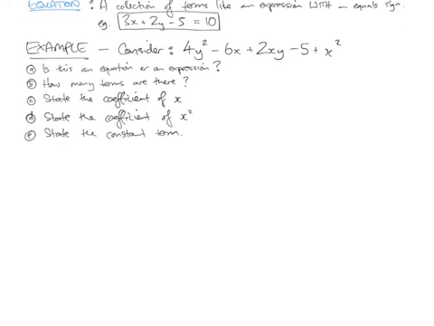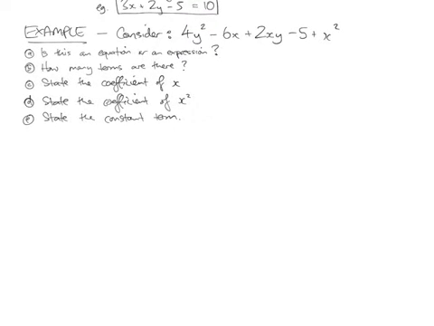So let's practice some of that knowledge here with an example. Considering this here, 4y squared take 6x plus 2xy take 5 plus x squared. A, is this an equation or an expression? Well, no equal sign, so therefore it is an expression. B, how many terms are there?